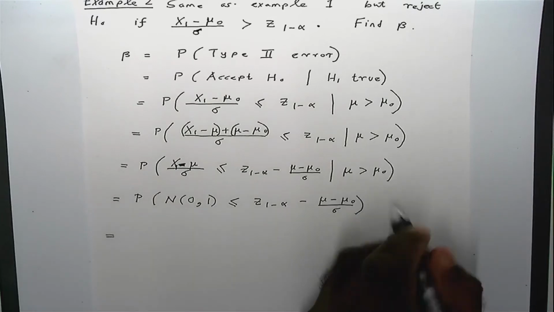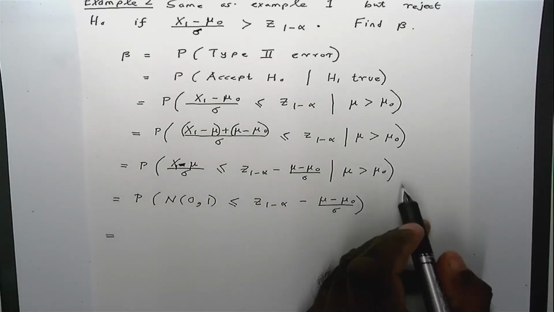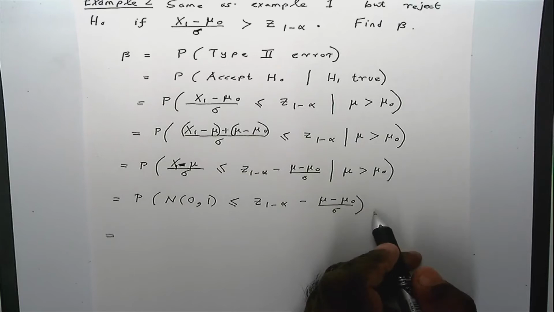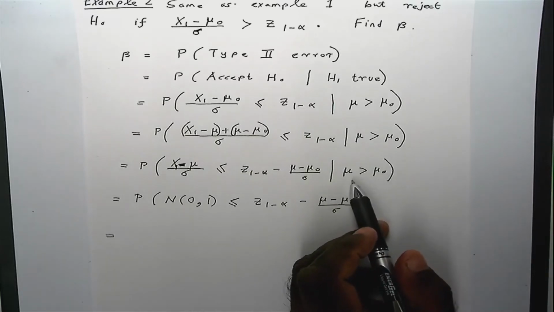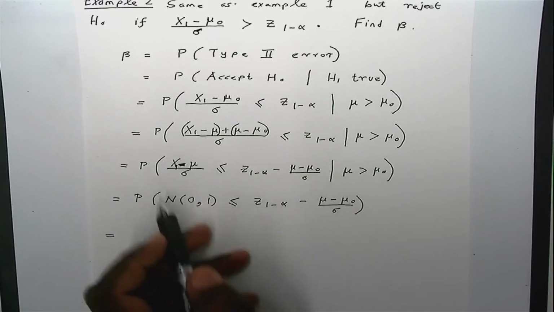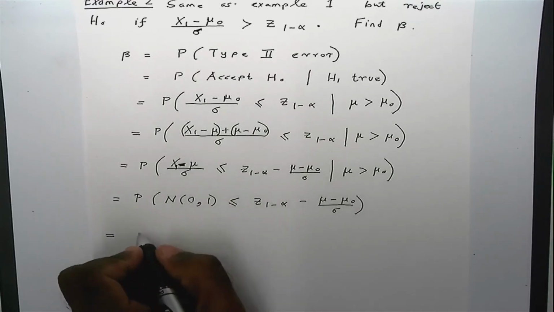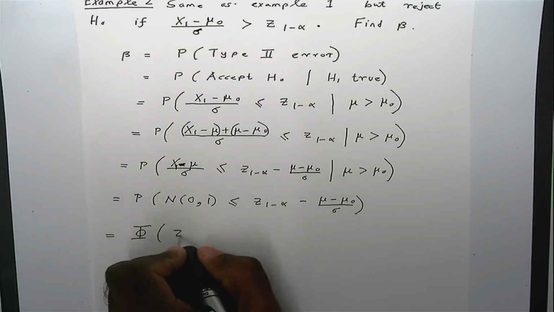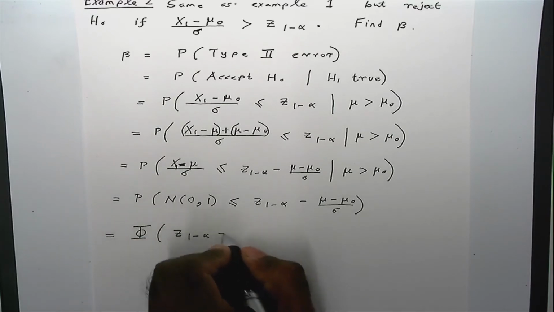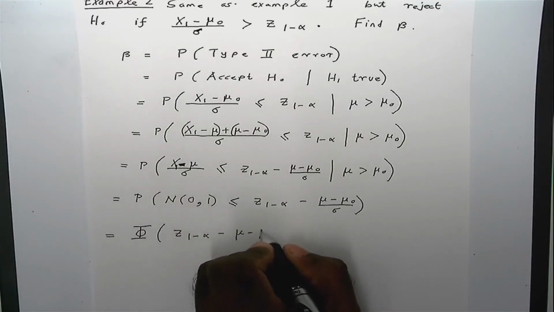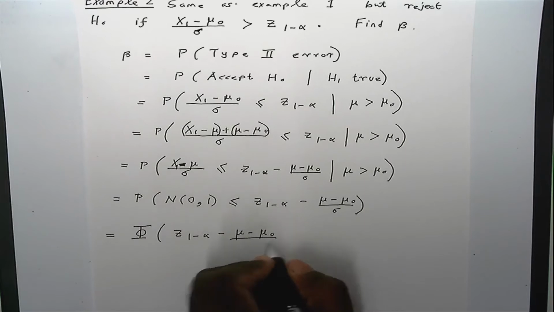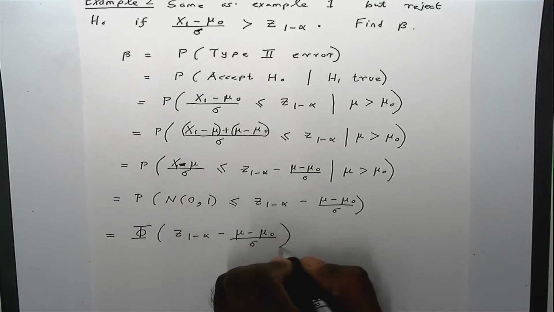So once again, I removed the conditioning from this step to this step because I made use of this fact that conditional on mu, this has the standard normal. Mu divided by sigma. So this completes example 2.